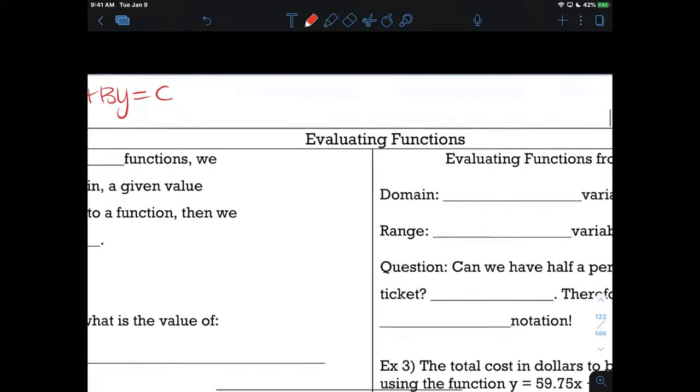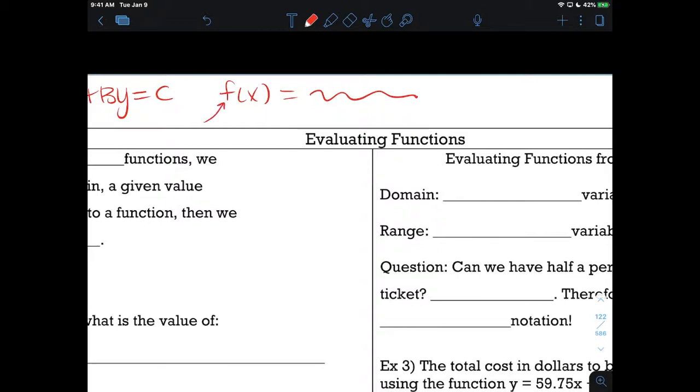Now, because we're referring to them as functions, sometimes you might have multiple equations you're working with. So especially in something like heavy scientific research, you might have 10, 15, 20 different equations that you're dealing with. So you don't want to call all of them y, right? So sometimes you may want to name it something else. Typically, you'll see f of x, and then you'll see whatever the equation is.